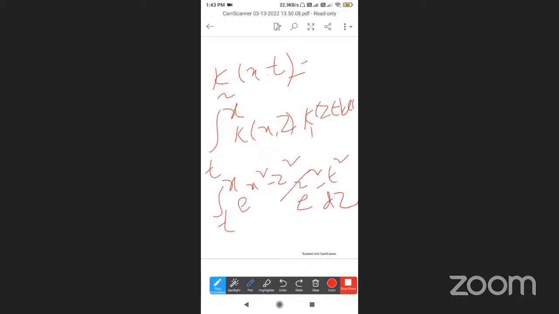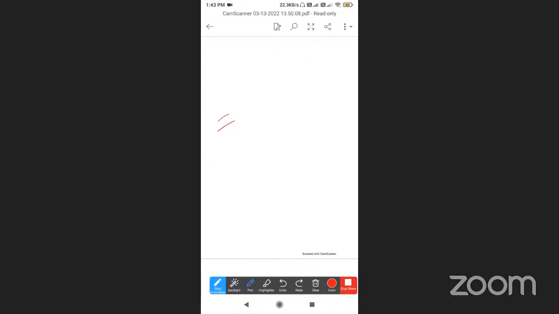So the plus z square and minus z square cancel. What is the value? The integral from t to x of e power of x square minus t square into dz.